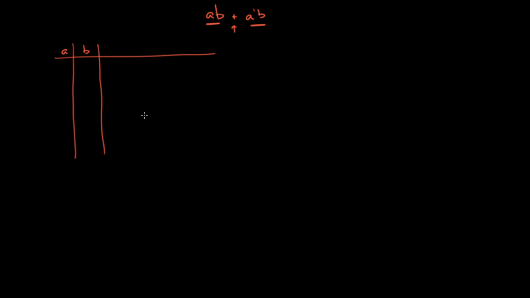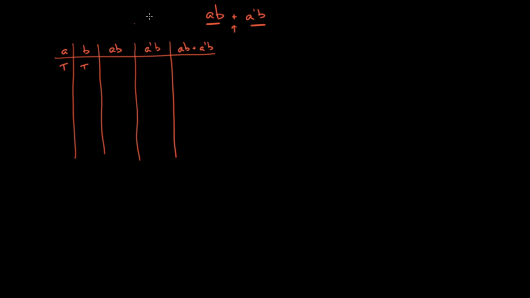Then I think it's going to be useful to look at A and B together, and at not A and B. And I'm going to somehow put those together into this final statement of A and B, or not A and B. So just like before, I'm going to have my same setup.